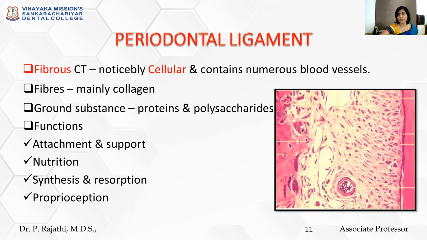And what is the function of this periodontal ligament? It is going to attach the tooth to the alveolar bone and support the tooth during its function of mastication, and so on.